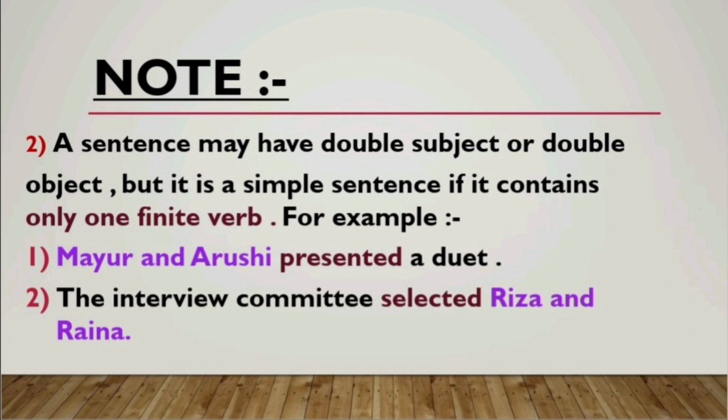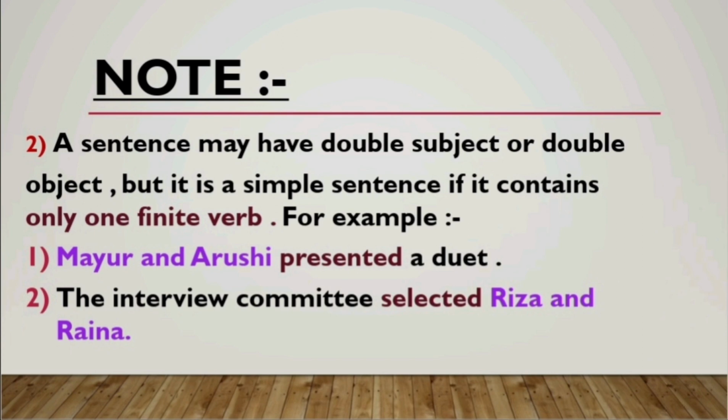So regardless of whether the subject or the object is double, if the sentence is simple, it would contain only one finite verb. Have a look at these examples. Mayur and Arushi presented a duet. So therefore Mayur and Arushi are double subjects, and there is a single finite verb, which makes it a simple sentence.